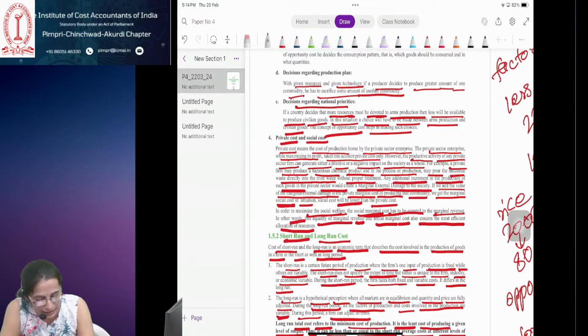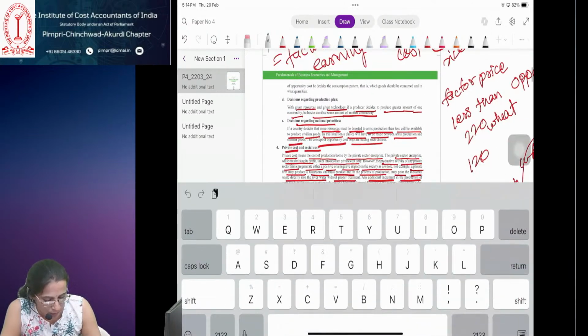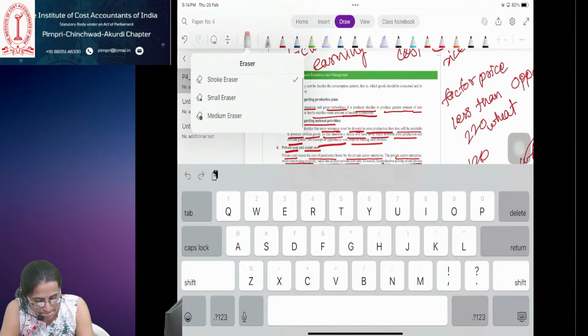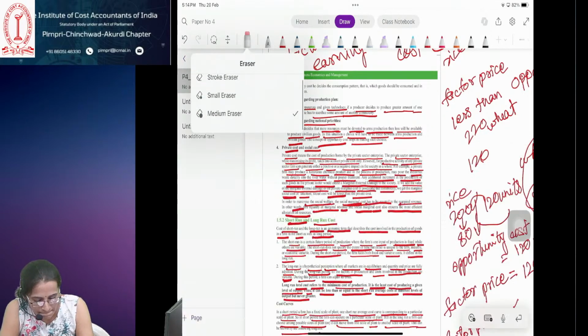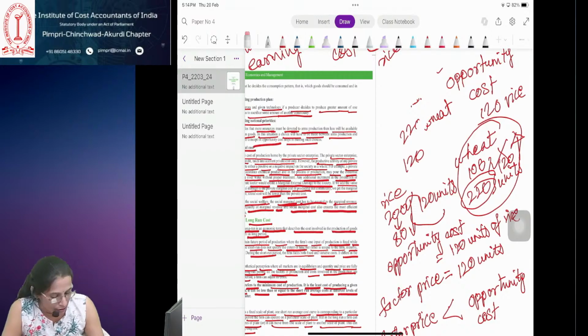Now I'll erase all this. What happened? Shraddha, what is she saying? Hello? Shraddha? Can you unmute? Ma'am, any other doubt on the opportunity cost?